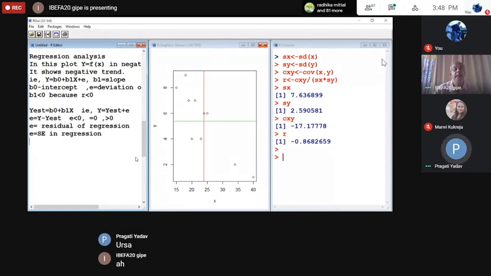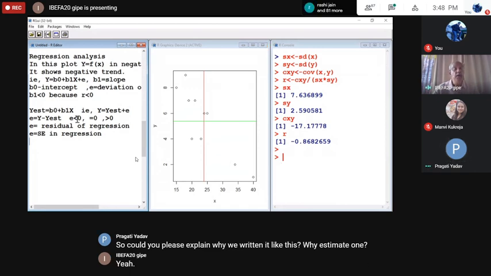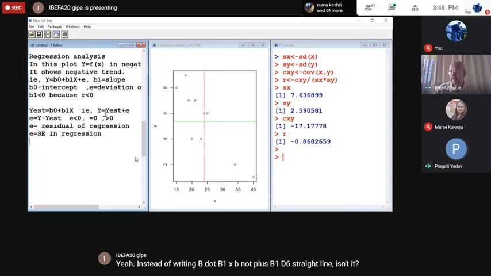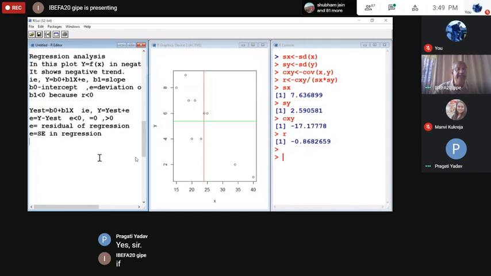Sir, could you please explain why you have written it like this, y estimate, instead of writing B naught plus B1x, a straight line? Yes, that is denoted by y estimate, because if I know x and B naught, B1, I can find y.